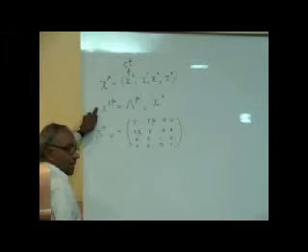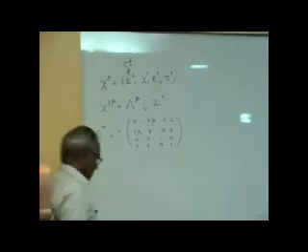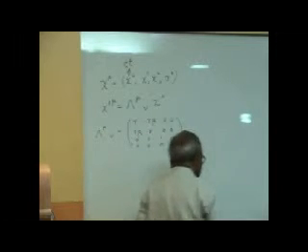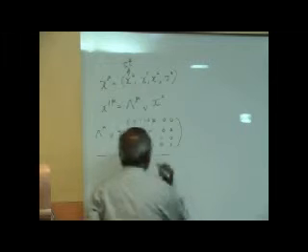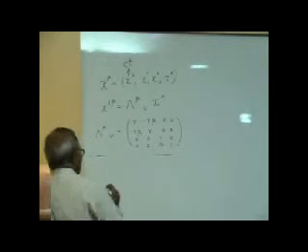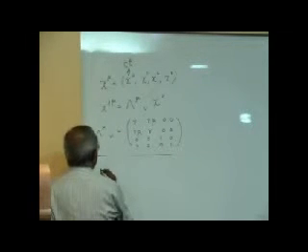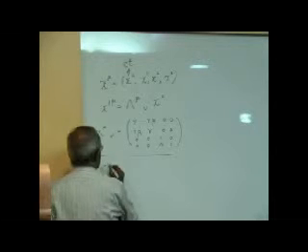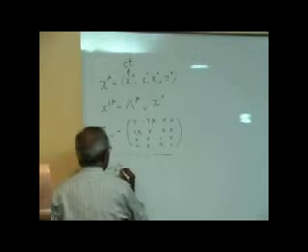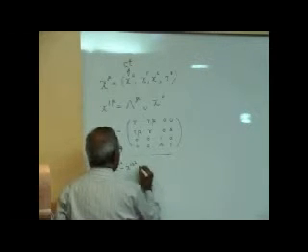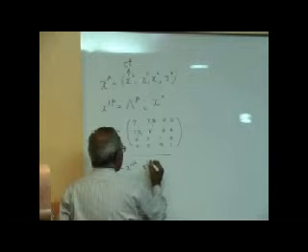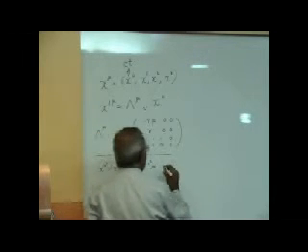Anything that transforms like this is a 4-vector. Now, we also have the following thing, which was an invariant, which I will write in the following form: x0 prime squared minus x1 prime squared minus x2 prime squared minus x3 prime squared equal to the same in the unprimed frame.